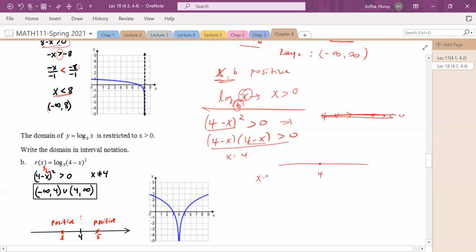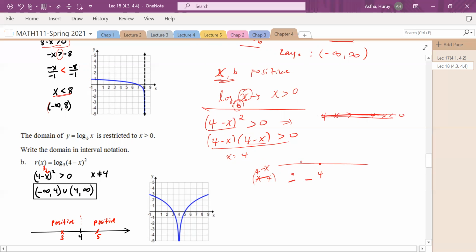And for numbers below 4, this 4 minus x is positive.